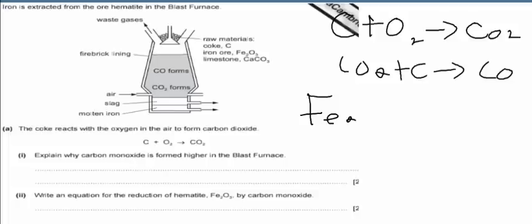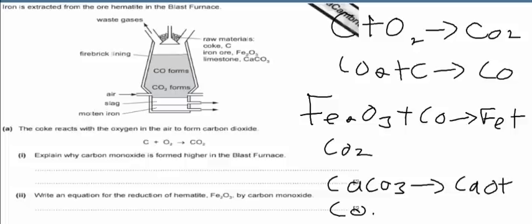Then the next step, carbon dioxide is going to react with more coke to form carbon monoxide. Then after that, the iron 3 oxide is going to be reacted with carbon monoxide to produce iron, in the molten state, plus carbon dioxide.